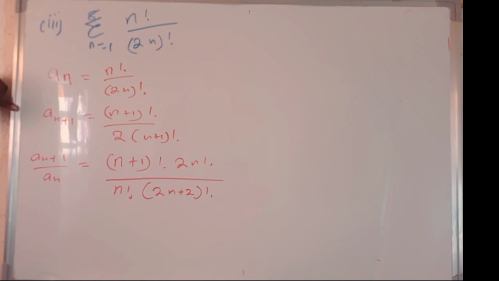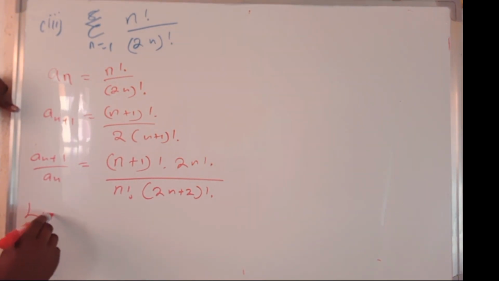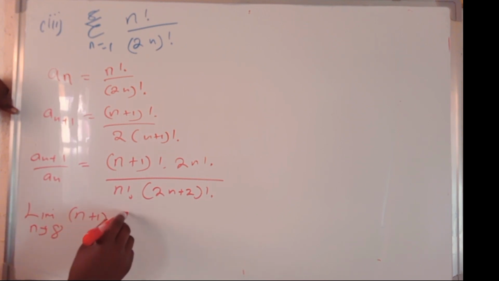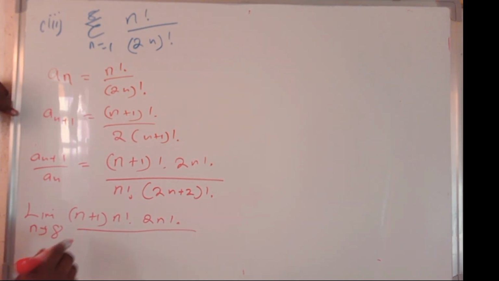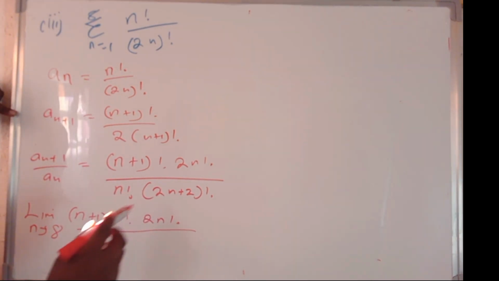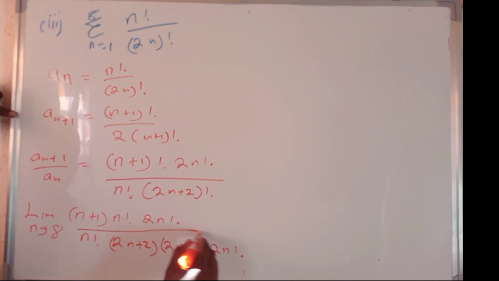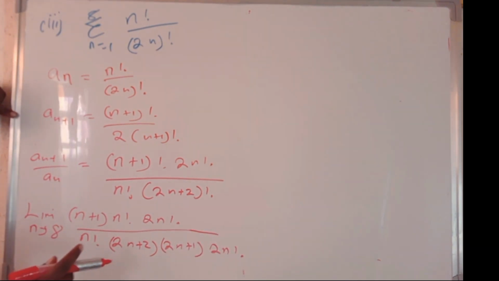The limit as n approaches infinity, n plus 1 factorial is n plus 1 times n factorial, times 2n factorial. Are we together? Over n factorial times 2n plus 2 factorial, and 2n plus 2 factorial is 2n plus 2, 2n plus 1, 2n factorial. So n factorial cancels, and 2n factorial cancels.